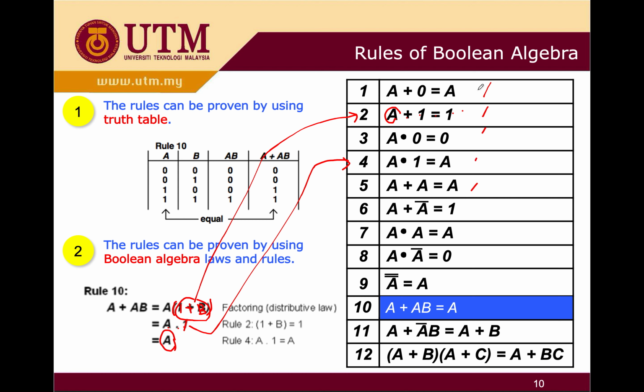After you memorize and understand, then you can implement all of these to summarize the Boolean algebra. You need to summarize later on in your final exam. There is also a question for you to summarize the given Boolean algebra. Sometimes it's quite complicated, so you need to refer to your rules of Boolean algebra.